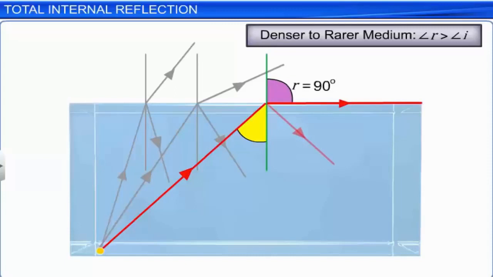This angle of incidence in the denser medium is called the critical angle C for the pair of media under consideration. That means, if i is equal to C, then r is equal to 90 degrees.